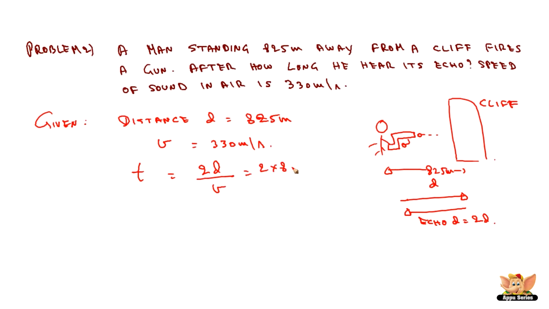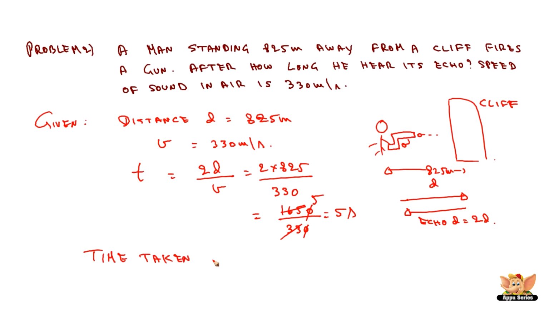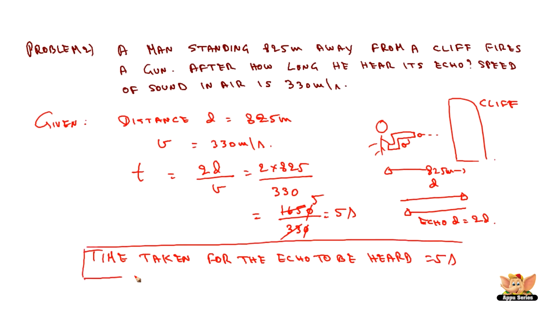So 2 into 825 divided by 330 and on cancellation we get 5 seconds because 33 fives are 165. So the time taken for the echo to be heard in this case is 5 seconds. What does it mean? The man heard the echo after 5 seconds.